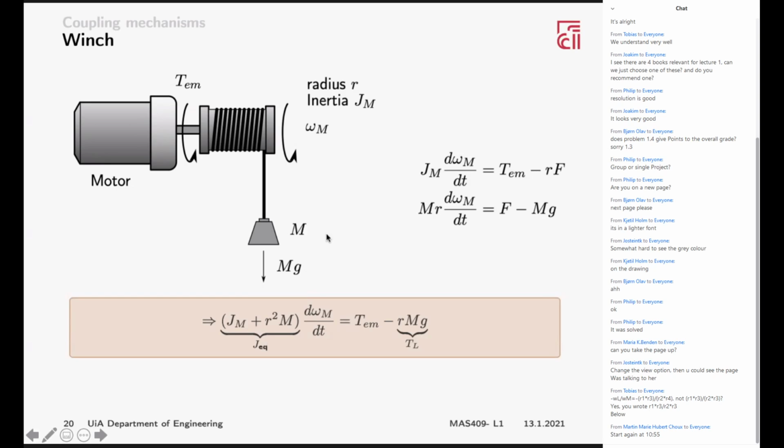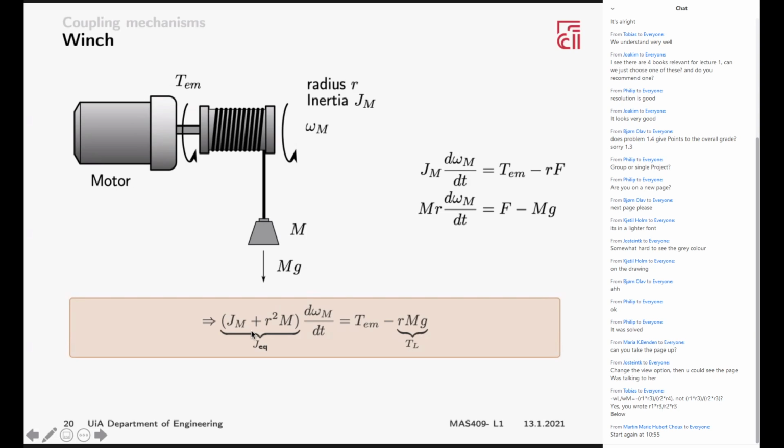And if we look at Newton's law for the mass m, we have mass times the linear acceleration, which is r times d omega m dt, equal to the force of the winch on the mass F minus the weight m times g.